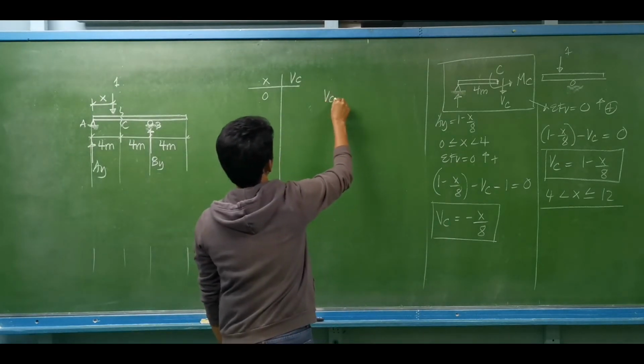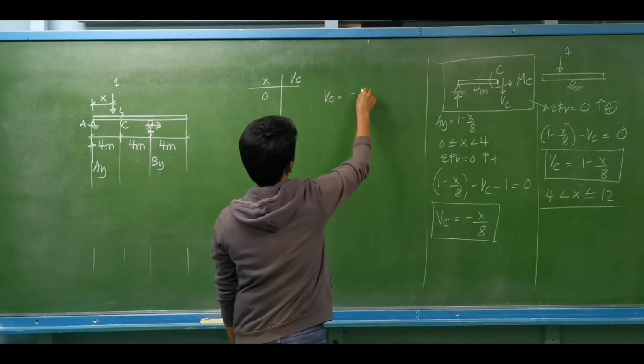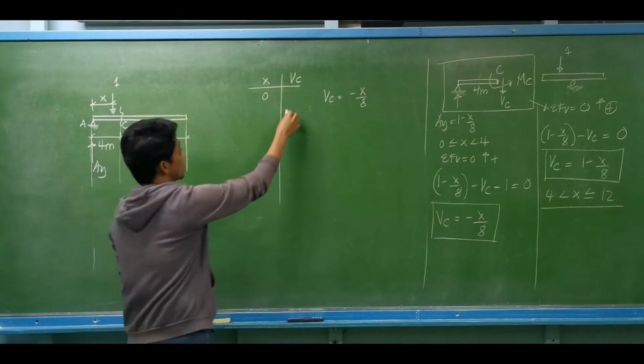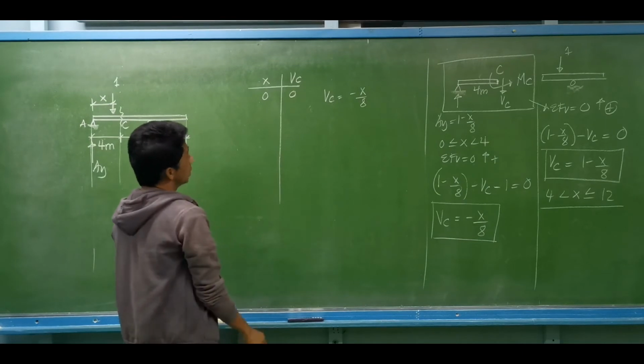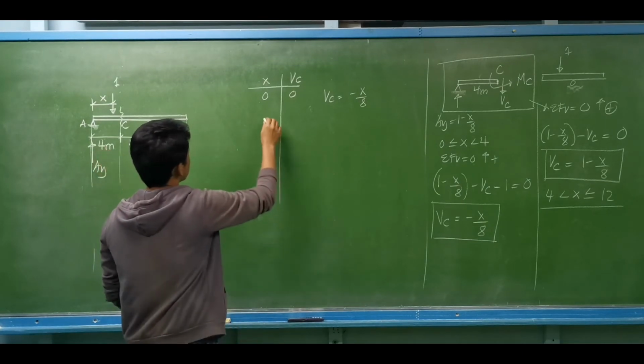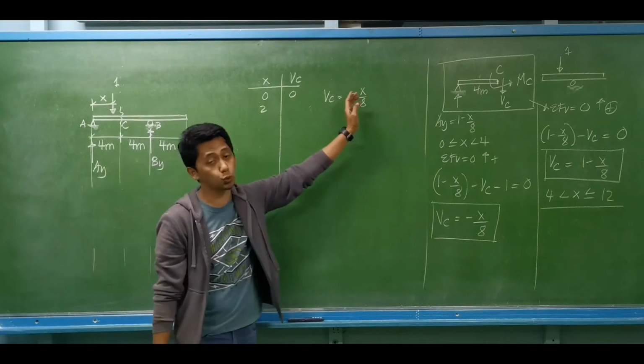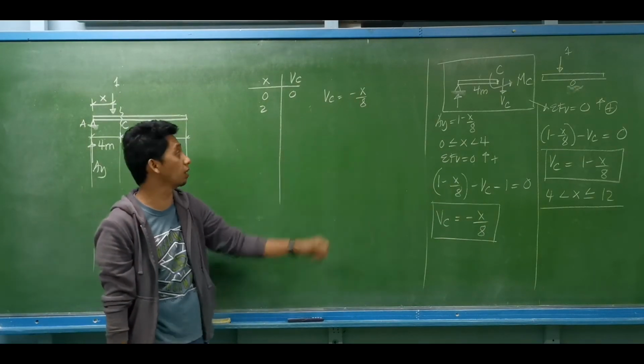First, the shear at C is equal to negative x over 8. So that is 0 over 8, that is the same as 0. At x is equal to 2 meters, that is negative 2 over 8, that is the same as negative 1/4.